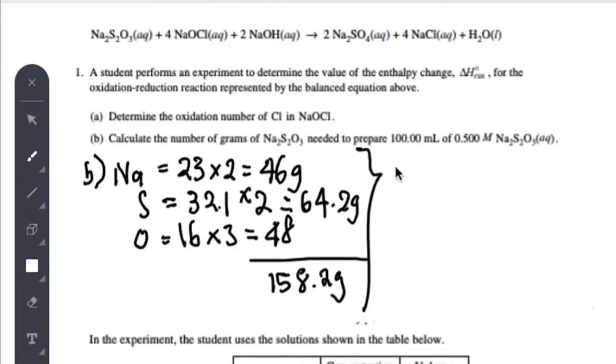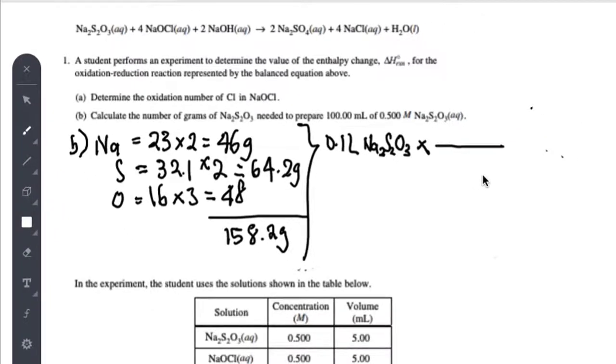So from there, we can start to calculate the number of grams that we need for the solution. So I start with what we want. So we want to end up with 0.1 liters of Na2S2O3. Okay, because we want to cancel out our units, we're going to times by the molar concentration that we want, but we want to have liters on the bottom.